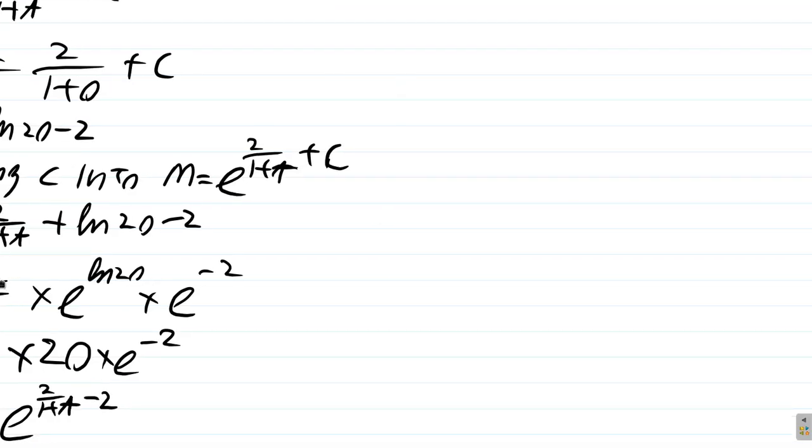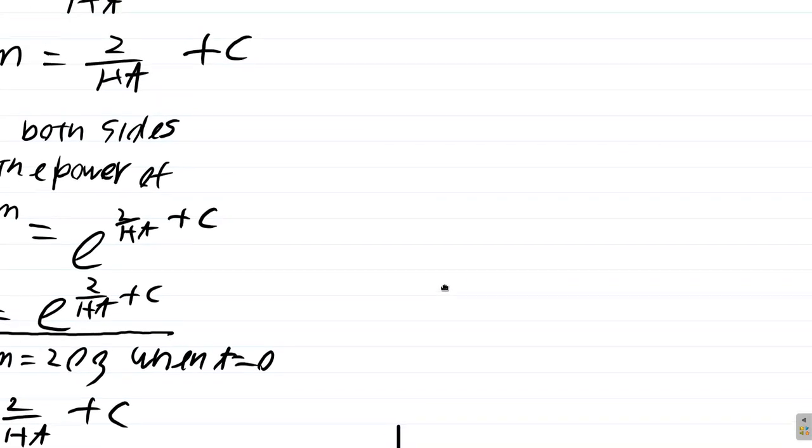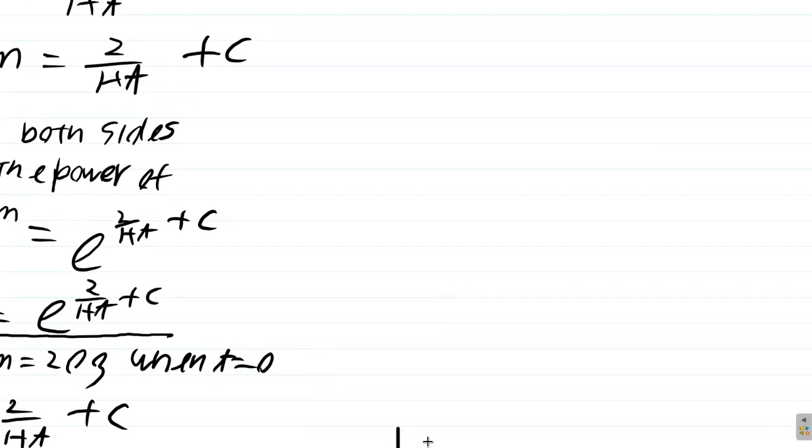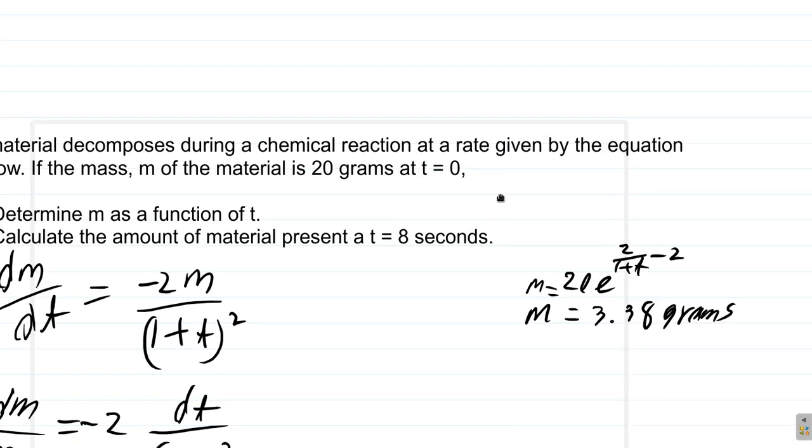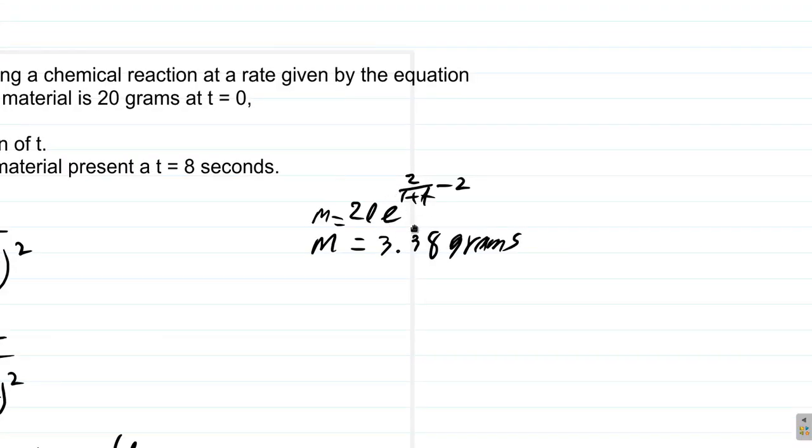So now let's look at the other part. We have run out of scrolling space, so let us draw a line straight up and see how this will work out. Oh, and I said the solution I got was 20e to the 2 over 1 plus t minus 2.